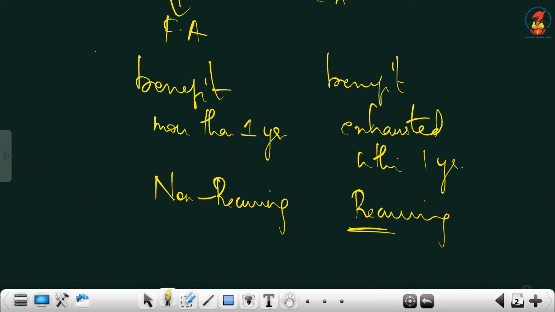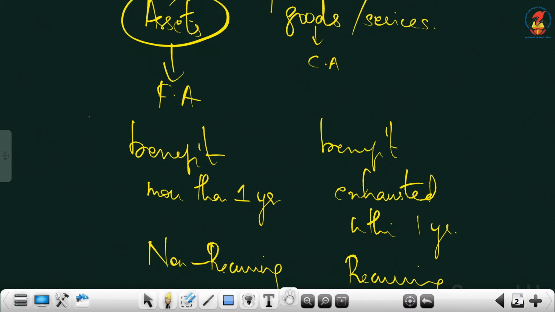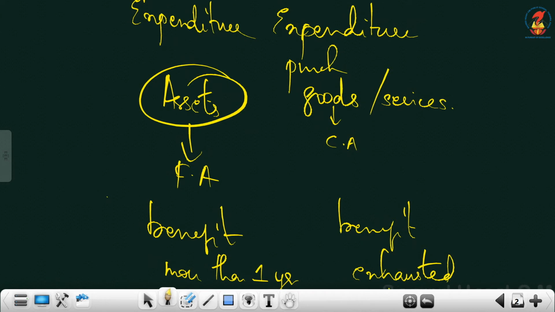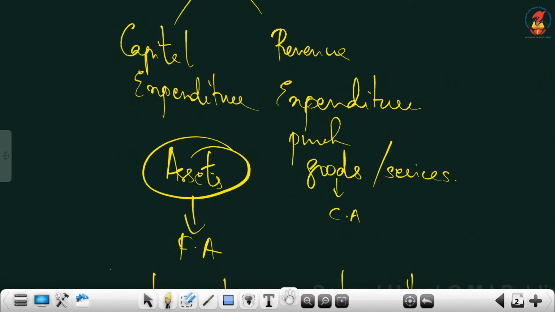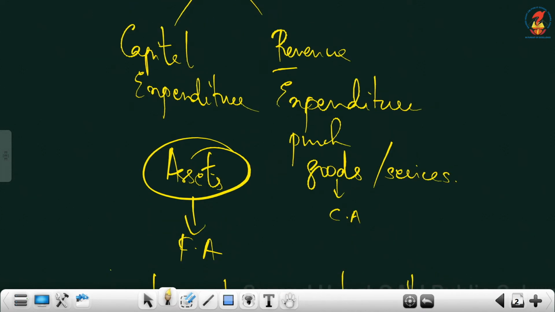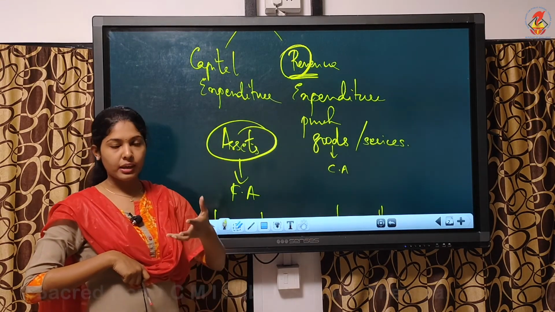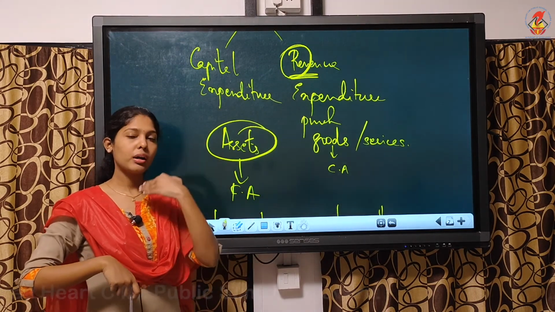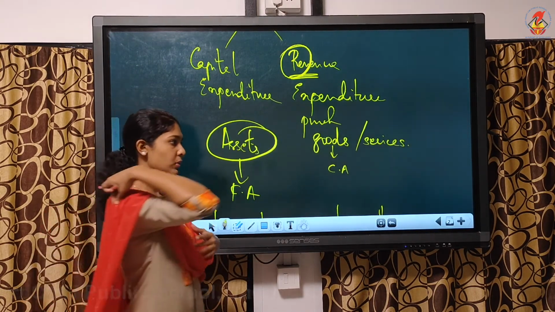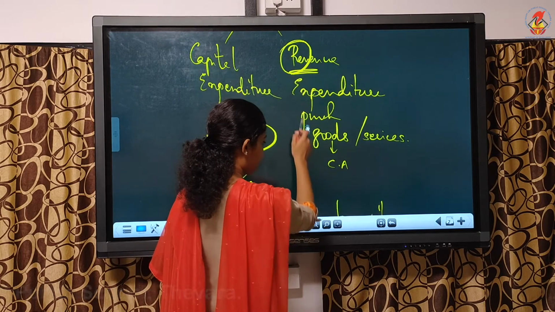See, revenues are recurring. Revenue expenditure and revenue receipts both are recurring. So revenue items are always recurring. Whether it is expenditure or receipts, it is recurring in nature. It will happen again and again.